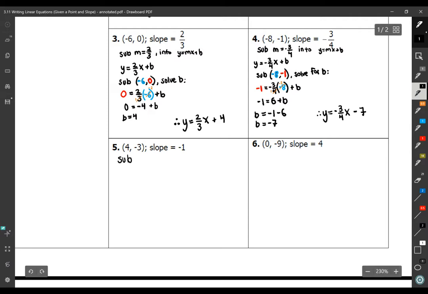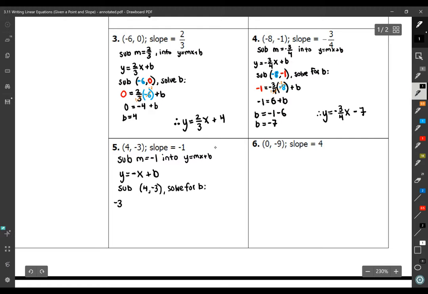All right. So again, we're going to sub m is equal to negative 1 into our equation. Right? So I'm replacing m. So I get y is equal to negative 1x, but I don't need to write the 1, right? I can just write negative x, okay, plus b. And now I'm going to substitute in my point, 4 comma negative 3, and I'm going to use that to solve for b.